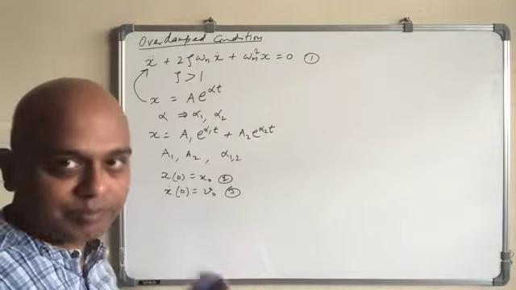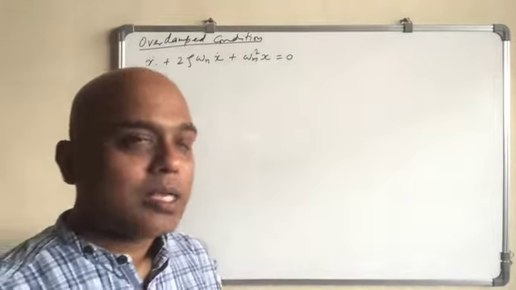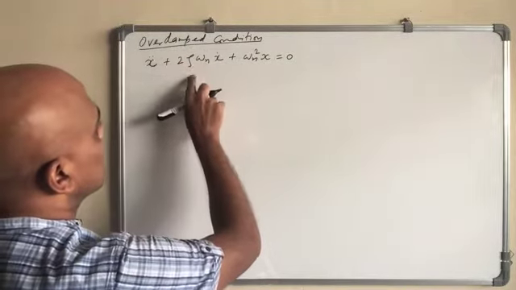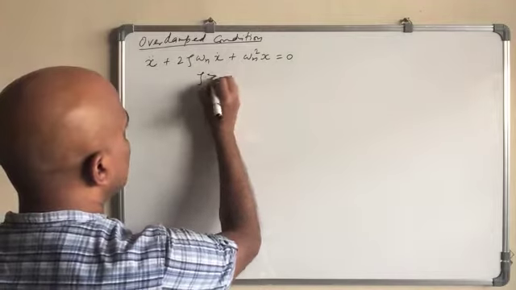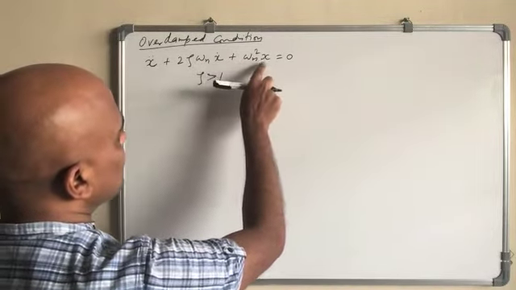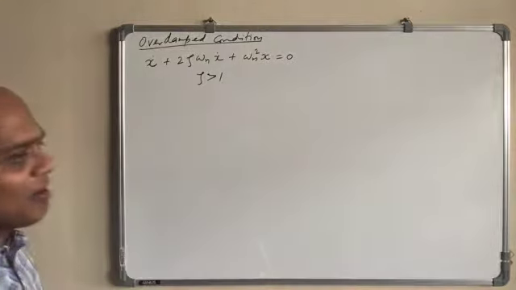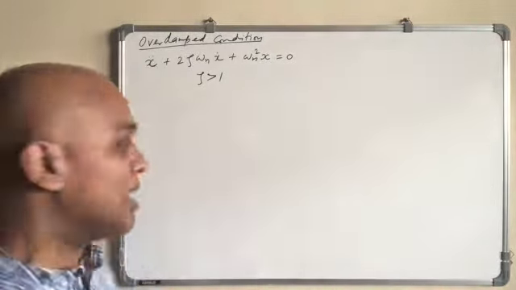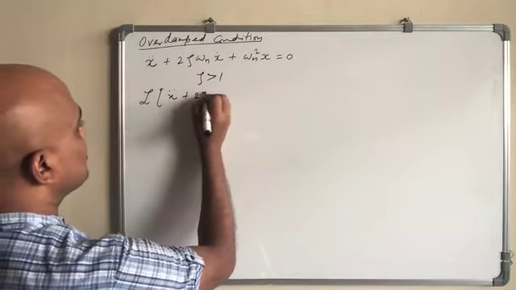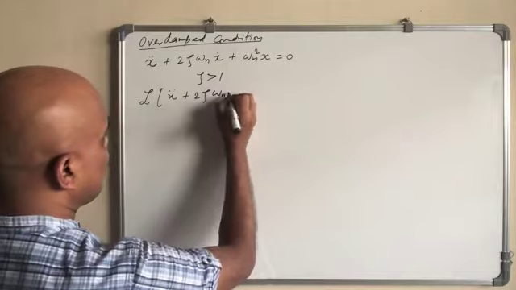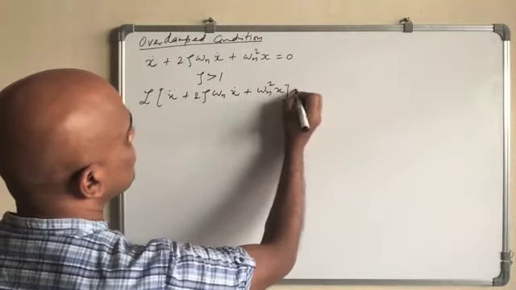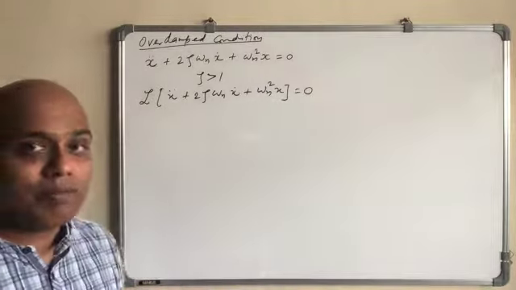Okay, so we have this problem to solve: x double dot plus 2 zeta omega n x dot plus omega n square x equal to 0, where zeta is more than 1. Like earlier, we are going to take the Laplace transform of that. So we get the Laplace transform of x double dot plus 2 zeta omega n x dot plus omega n square x equal to 0.